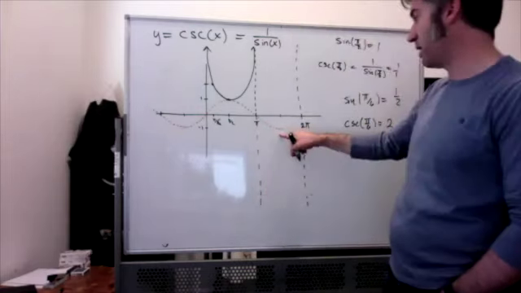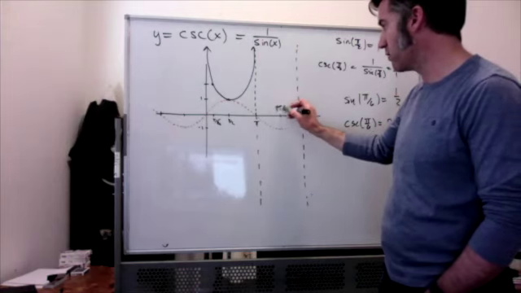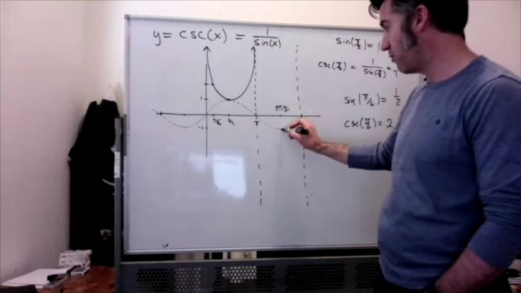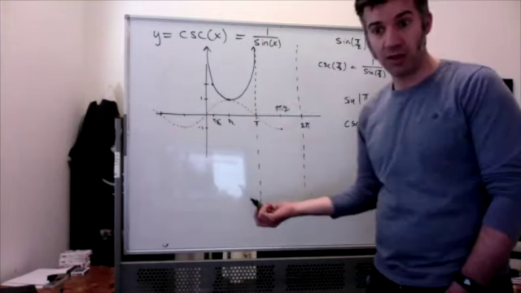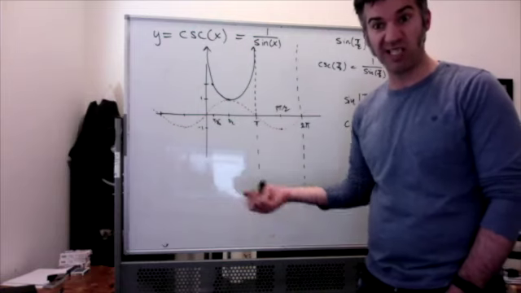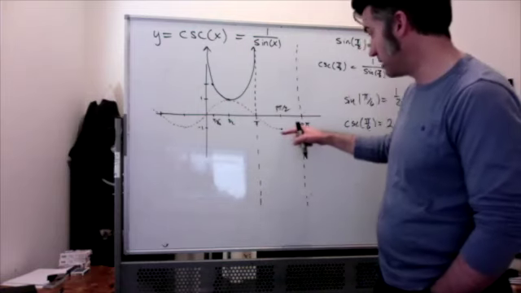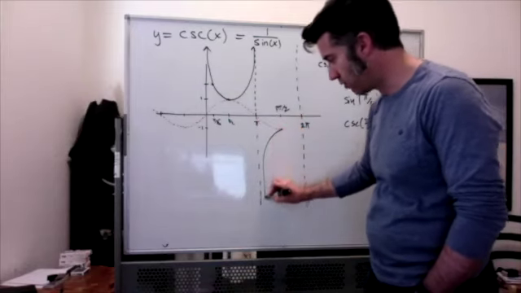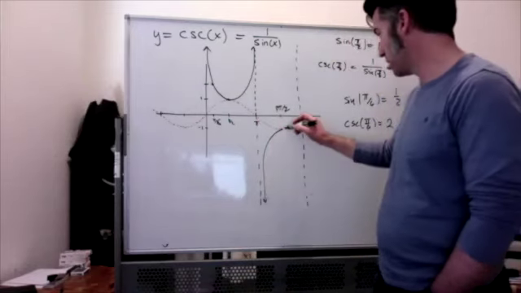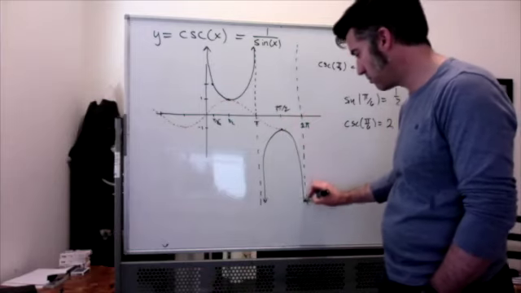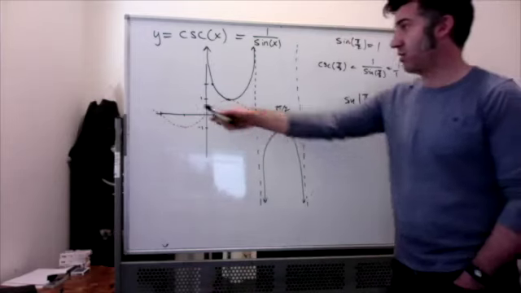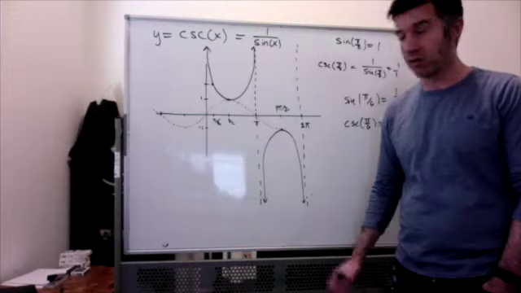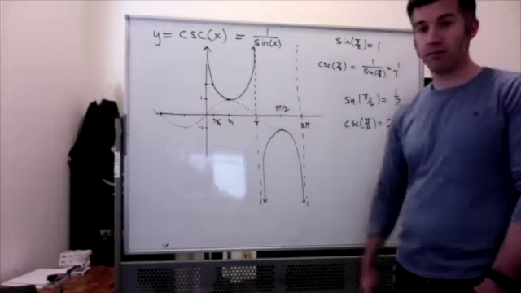If sine of 3 pi over 2 is equal to -1, so is cosecant, because the reciprocal of -1 is -1. And then as the sine values get closer to 0, the cosecant values get further away from 0. Same deal this way. So there's one full period of the cosecant function from 0 to 2 pi.